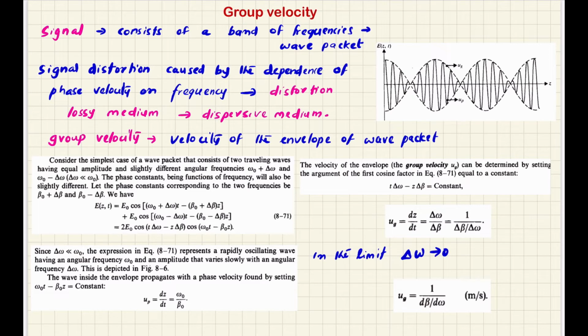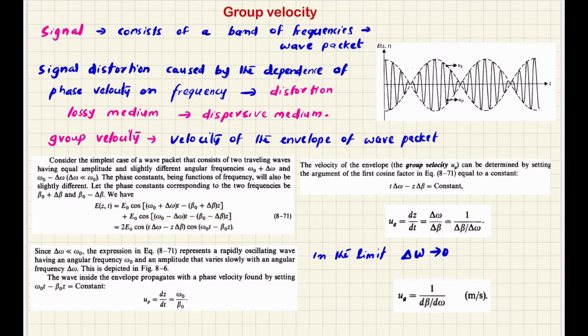When they superimpose, the first wave I can write like this, where this is the instantaneous value of the electric field. You have an amplitude, and I'm taking cosine as a reference. So the phase term will be omega 0 plus delta omega times t minus beta 0 plus delta beta times z. Similarly for the second wave.